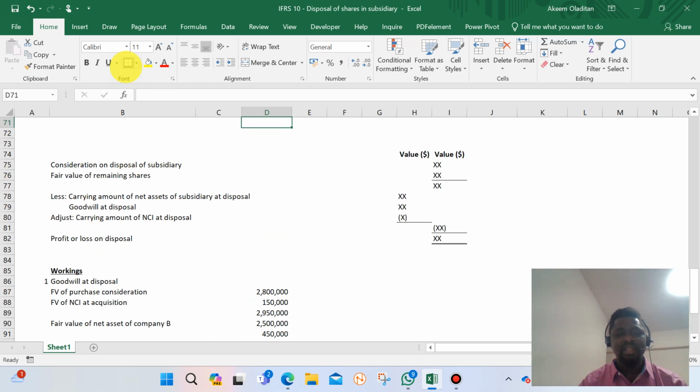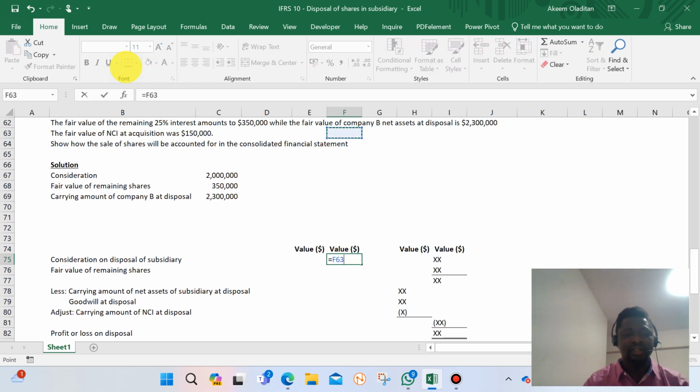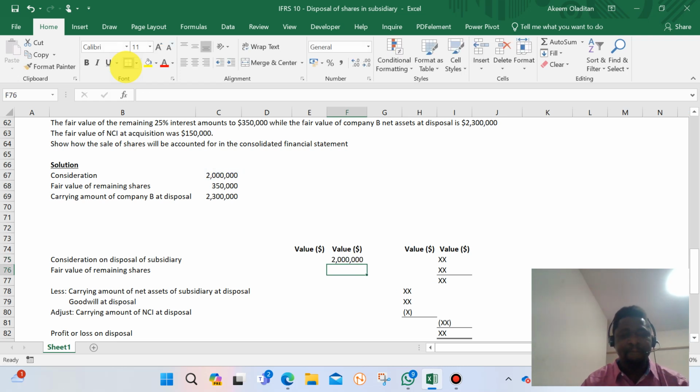So now let's start slotting everything in these templates. Okay, let's slot it in. What is consideration on disposal of subsidiary? We have the consideration here. Yeah, that's it. What is the fair value of the remaining interest?